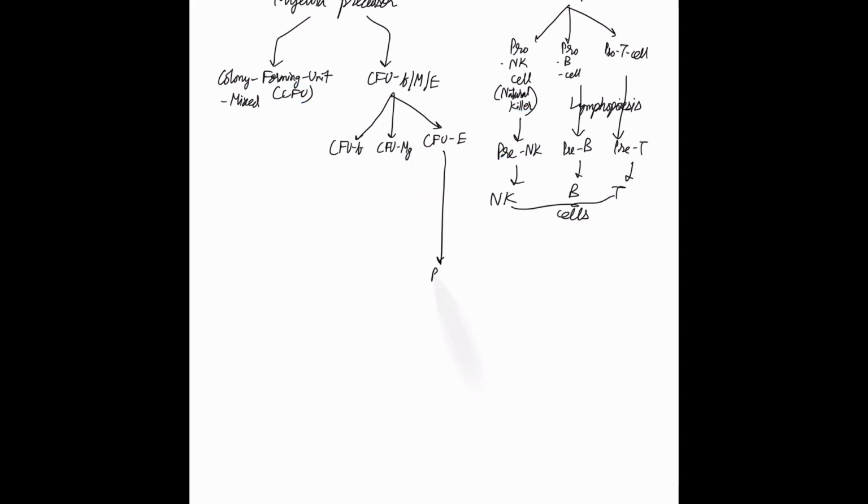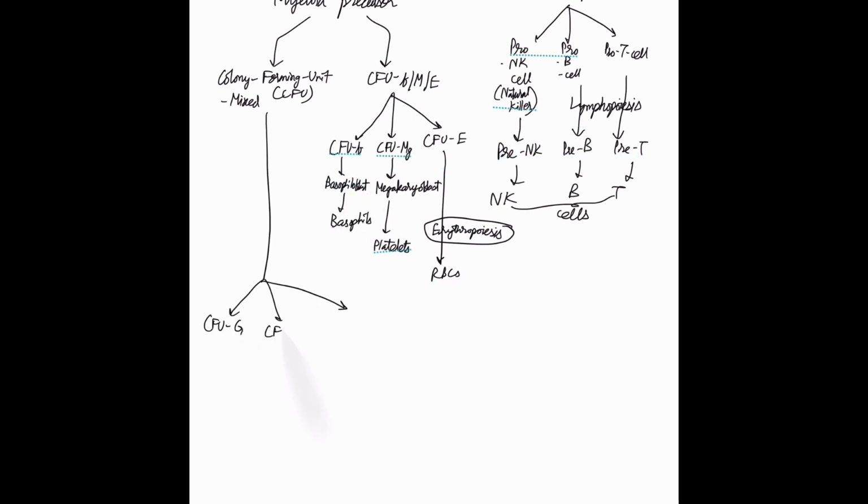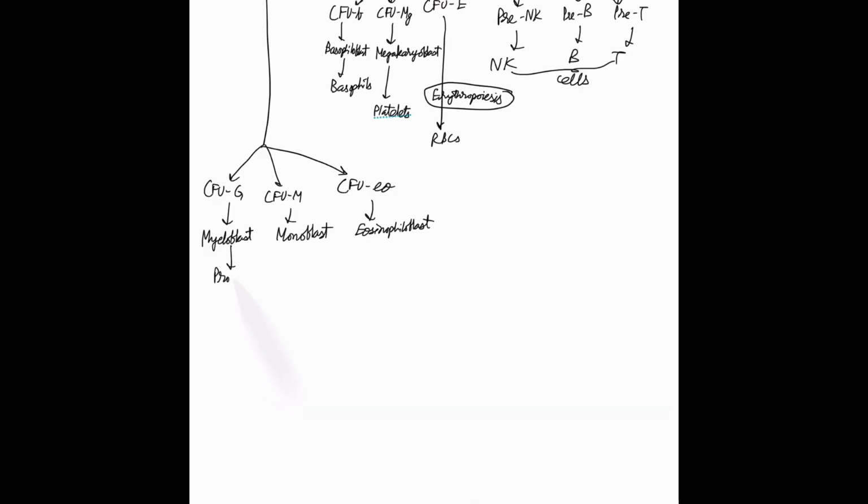Myeloid precursors, on the other hand, differentiate into colony-forming units. They can be mixed CFU, and then you have CFU-B, M, or E. B stands for basophil, M stands for megakaryoblast, and E stands for erythroblast. They give rise to basophils, platelets, and RBCs respectively. Now, the mixed CFU differentiates into CFU-G, M, and EO: myeloblast, monoblast, and eosinophiloblast, respectively.